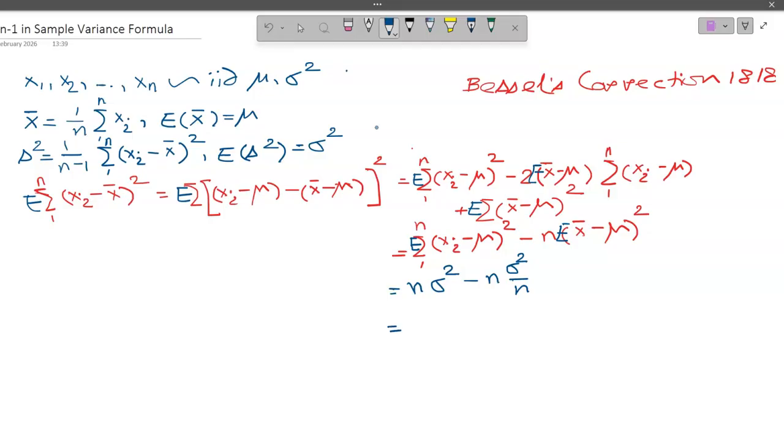So this becomes (n minus 1) sigma square.